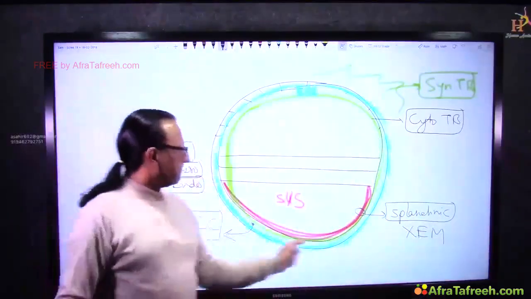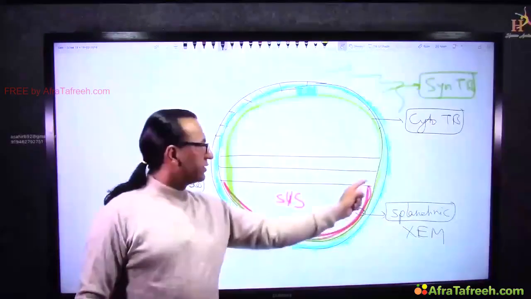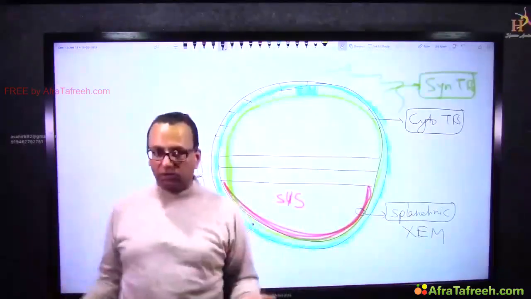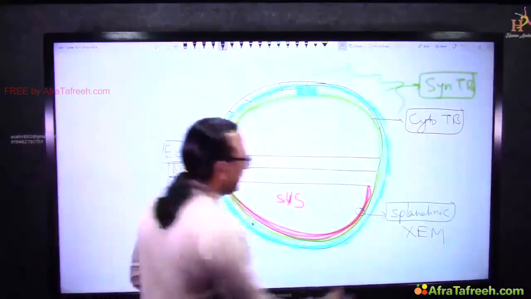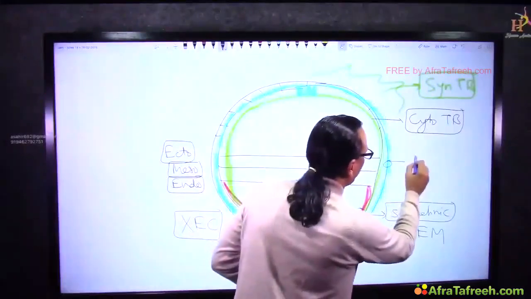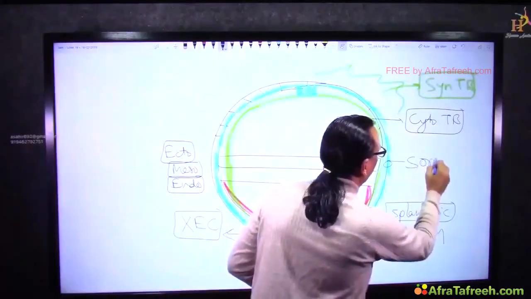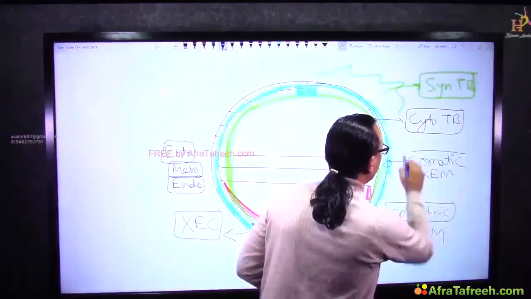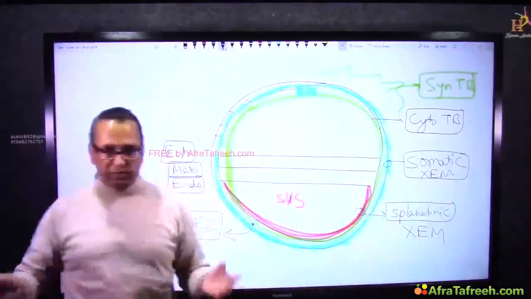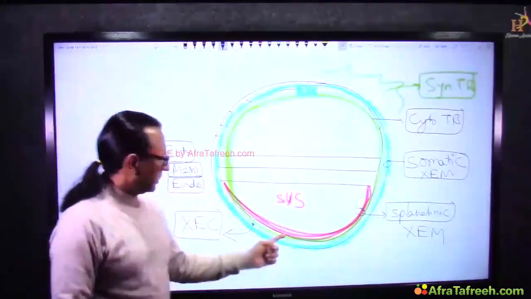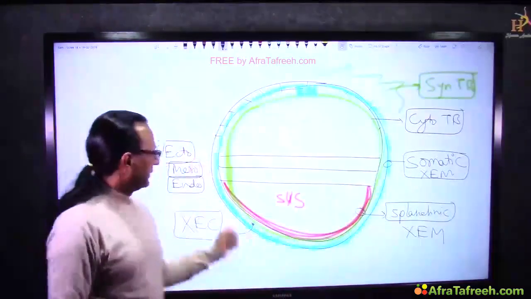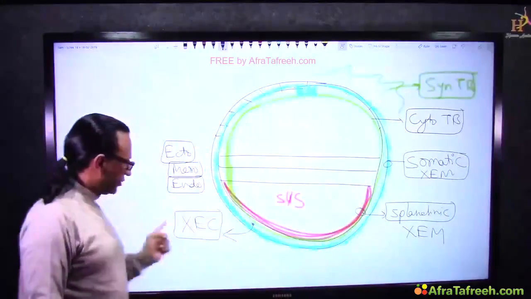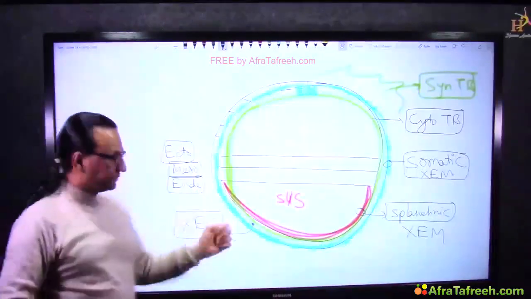If you say there is a splanchnic layer which is lining the yolk sac, then what is the other one called? The other one is called the somatic layer of extra embryonic mesoderm. Yes. Where do you see the somatic layer? Outside this cavity. And what is that cavity? That cavity is the extra embryonic coelomic cavity.